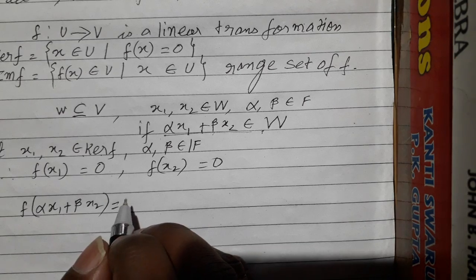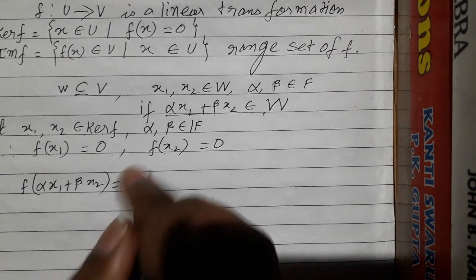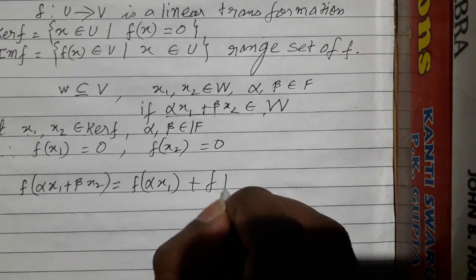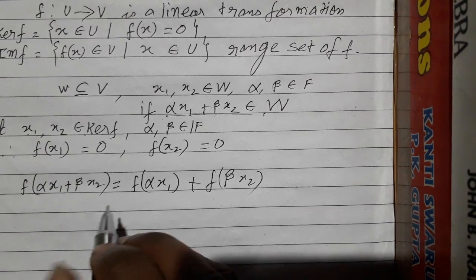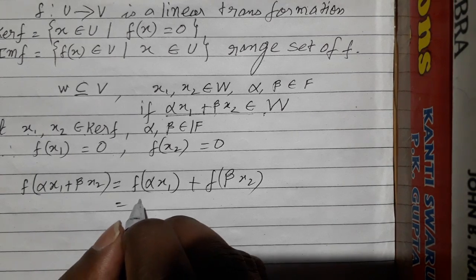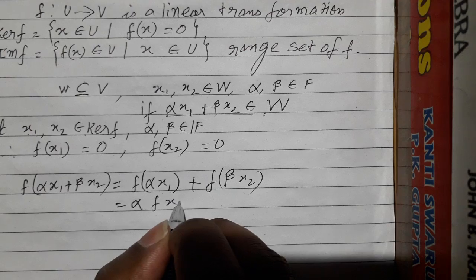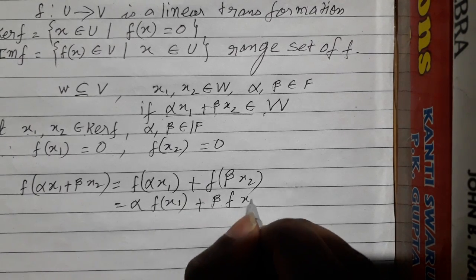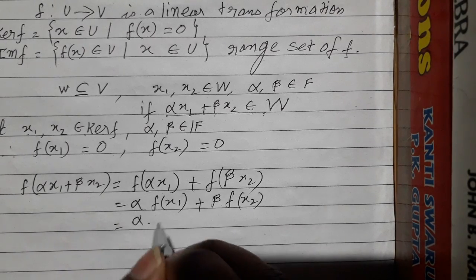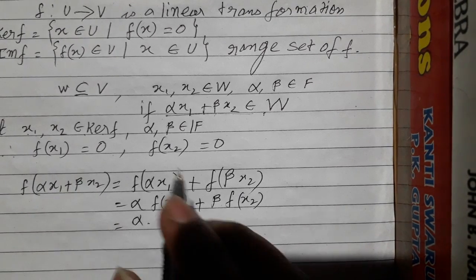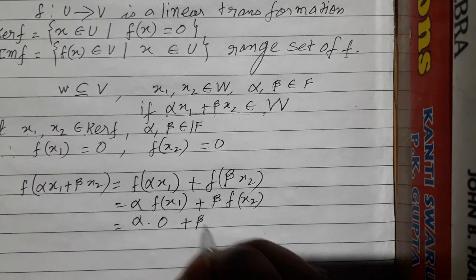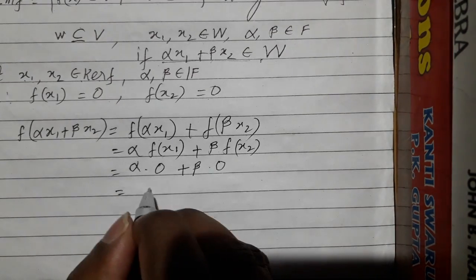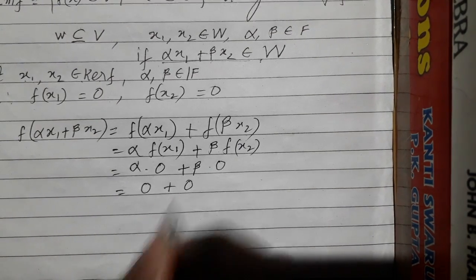By using the definition of linear transformation, we have f of alpha x1 plus f of beta x2. Then, by the second property, we can write this as alpha into f of x1 plus beta into f of x2. Now f of x1 is 0 and f of x2 is 0, so alpha into 0 gives 0, plus 0.